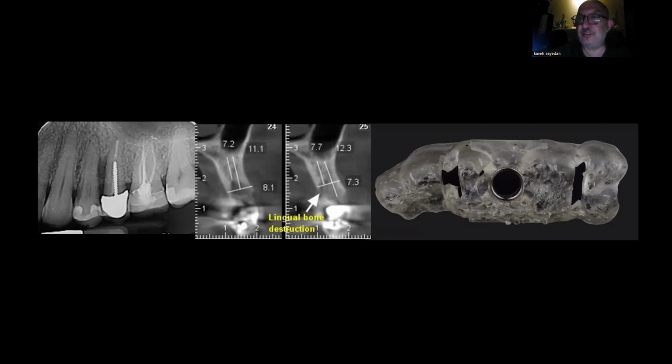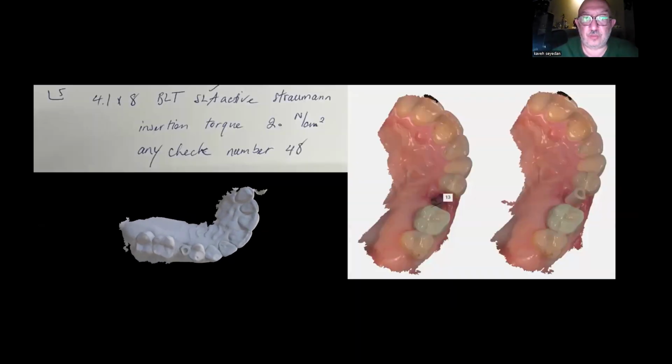So this patient was asking for an immediate loading for this hopeless upper left second premolar. I told the patient that because of the extent of the bone loss at the palatal side, there's always the risk that we cannot immediately load it. But the patient was insisting, so it was extracted.